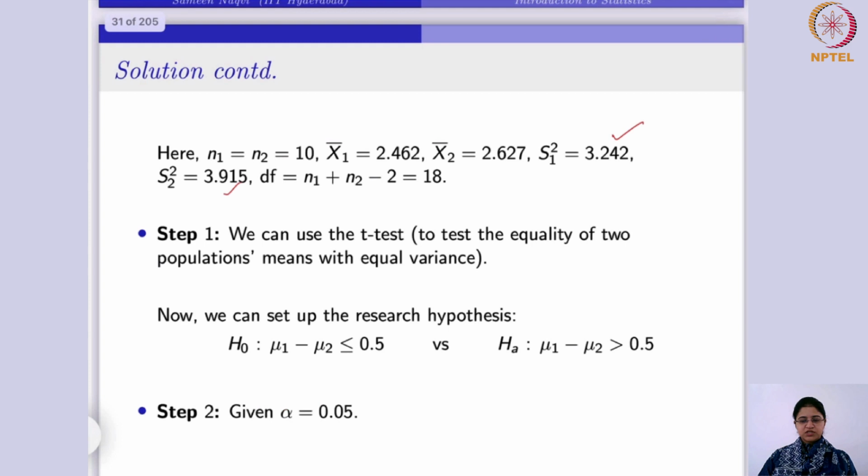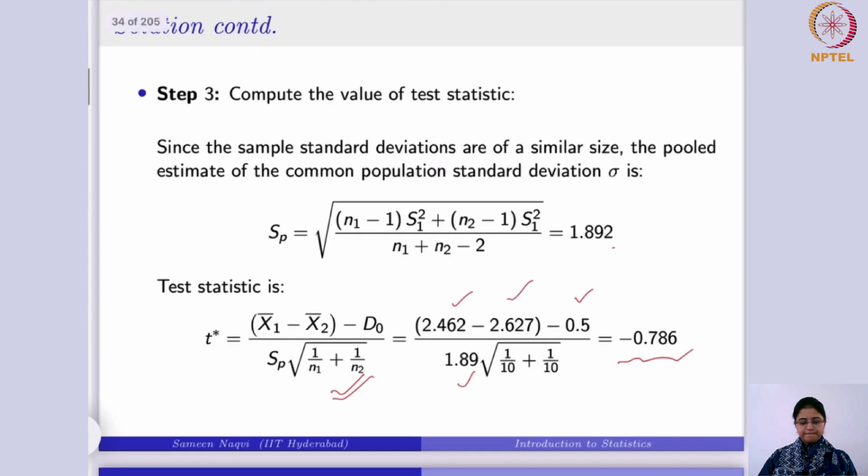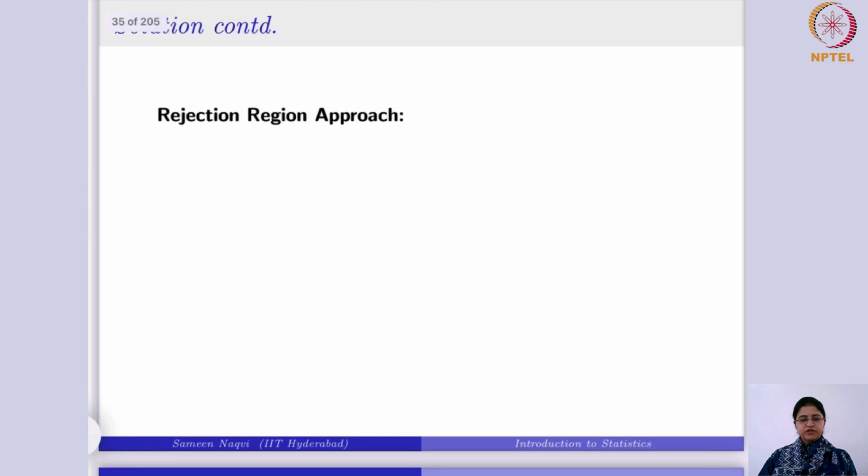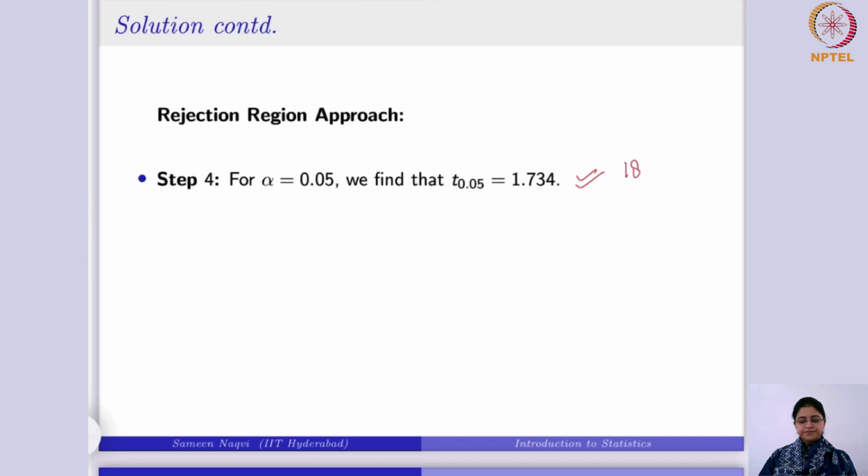So basically you see that it is a right tail test. If you have to adopt the rejection region approach, then for alpha at 0.05 level of significance, you can see from the t table that the value corresponds to 1.734 at 18 degrees of freedom.